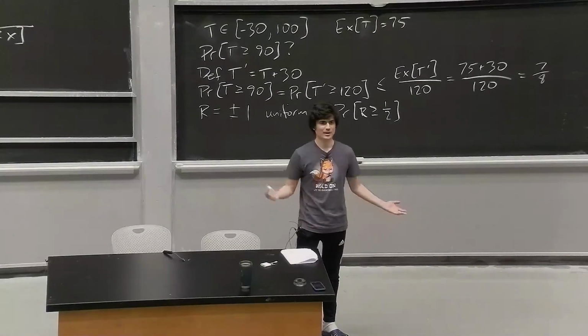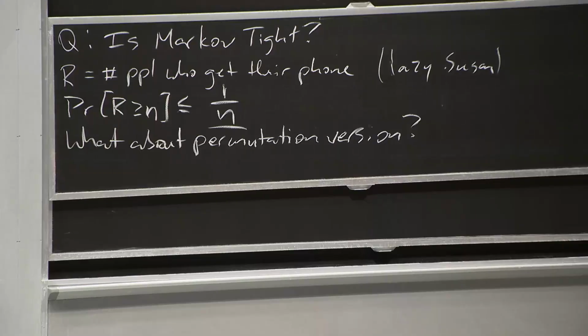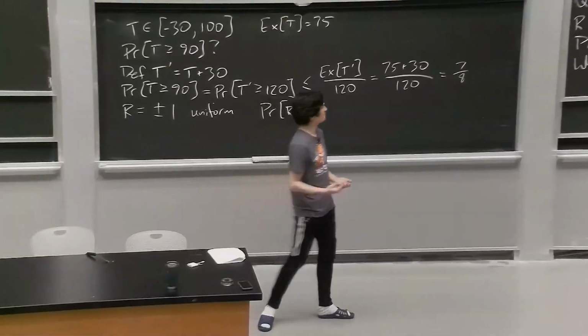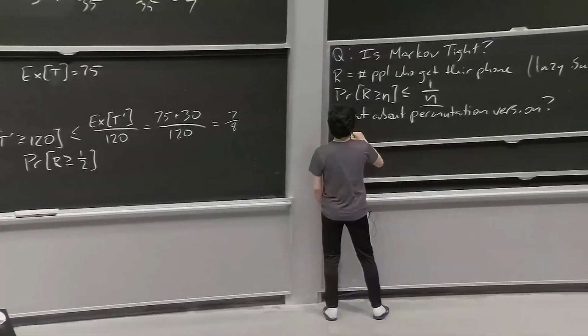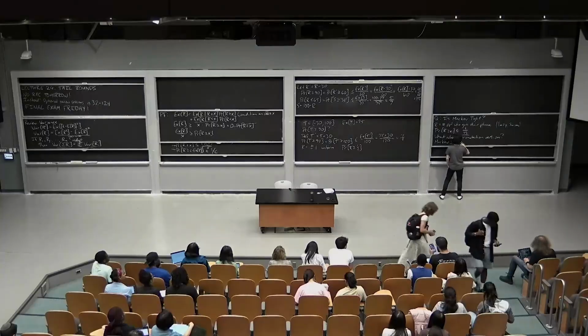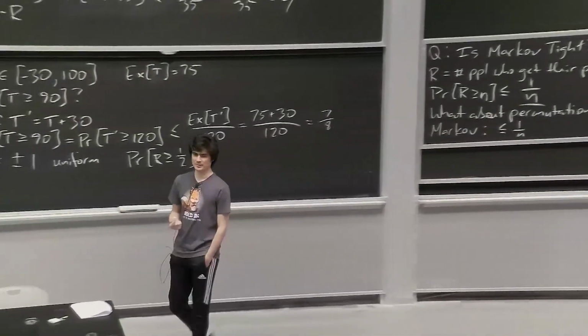Well, it's still 1 over n. We've still got a non-negative random variable with the same mean, and we're still looking at the same threshold. So Markov gives us the same bound. What is the actual probability that everybody gets their phone back?